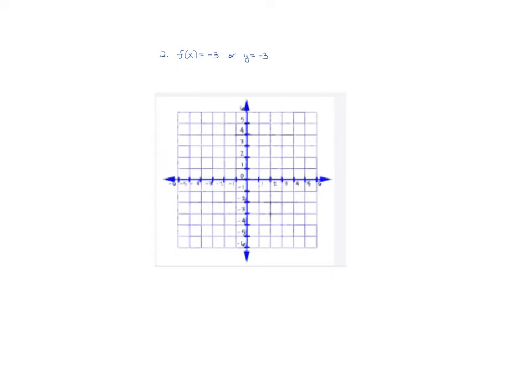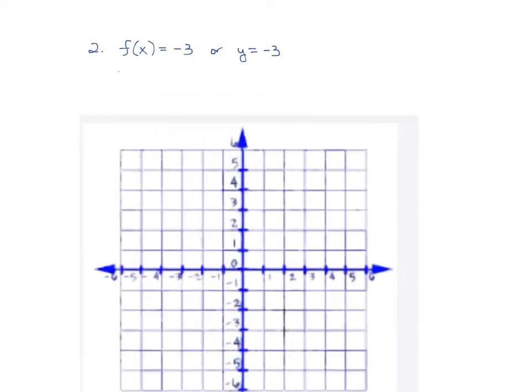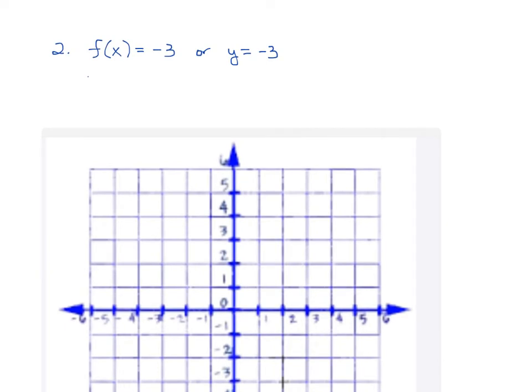A horizontal line. So whenever your equation is y equals a number, this tells me that all of my values of y are going to be -3.